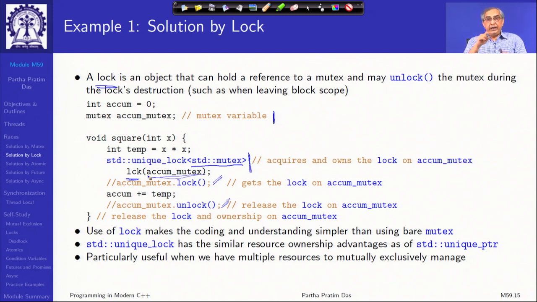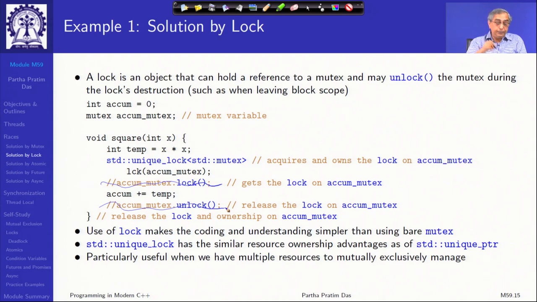A unique lock is a template class which takes an object of a certain type and locks it. Here it is taking an object of a mutex type, and that object is the mutex that I have created, this accumutex, and it locks it. The advantage of doing this is that you do not need the explicit lock and unlock calls.